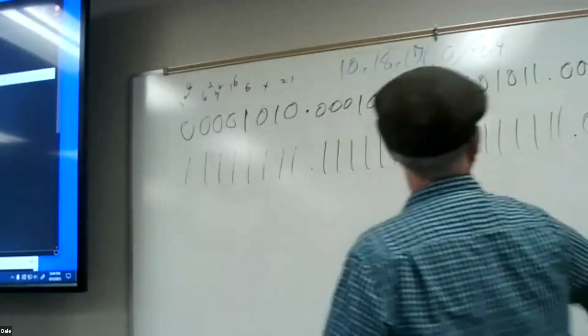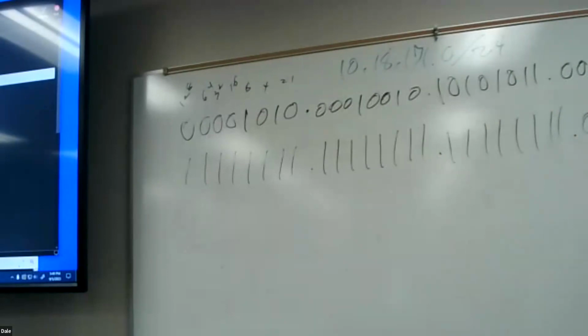We got all these 1s. And then what happens is now these are all 0s. And the way the AND truth table works is, excuse me, the other way around. If it's a 1, it's a 1. If it's a 0, it's a 0.